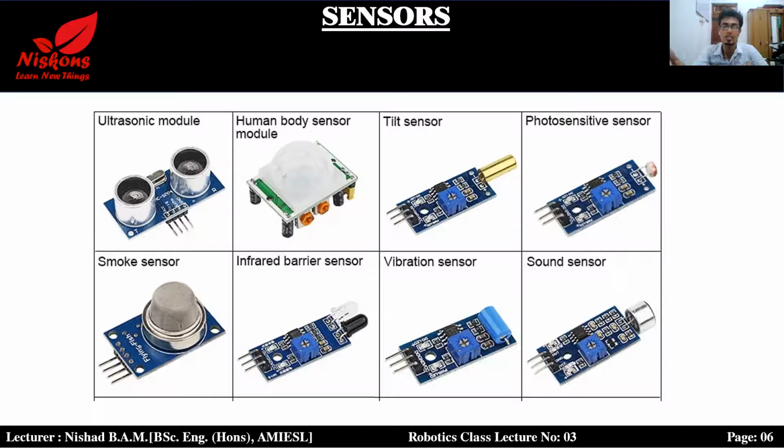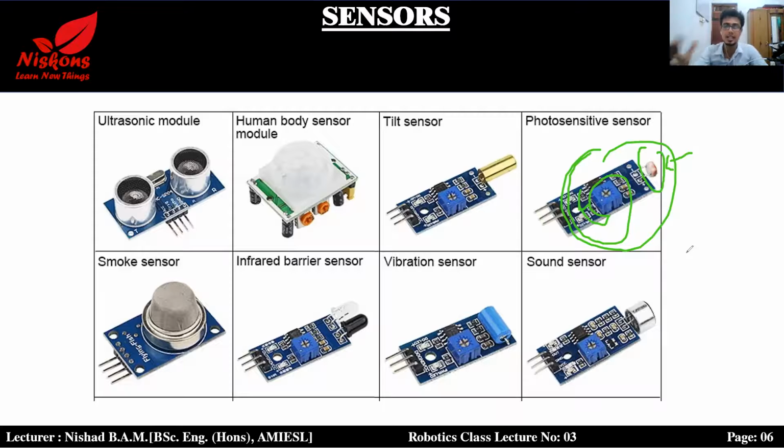And the photosensitive sensor. This is the photosensitive sensor, and this one is called a module. Both of these can be used as photosensitive sensors. If this face is receiving any light, the sensor will detect it.